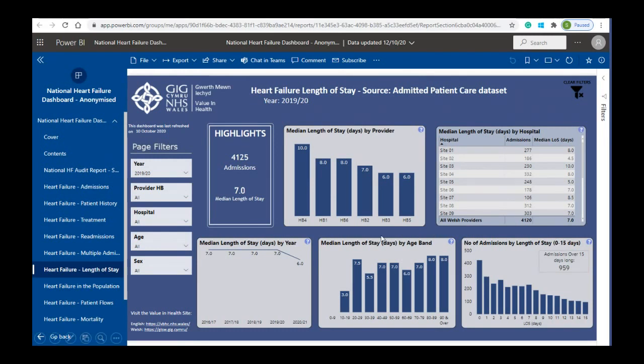However, you can see the variation also between health boards, between 6 and 10 days, and throughout sites, even more variation between 4.5 days at the shortest, and 12 days at the longest. So that represents nearly a threefold difference. So once registry data is flowing, linking this data and PROMS data will hopefully provide a much fuller picture.